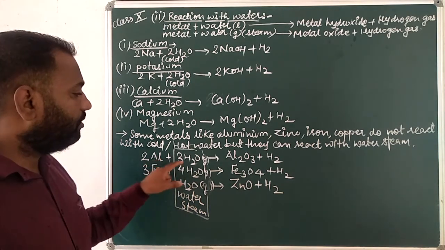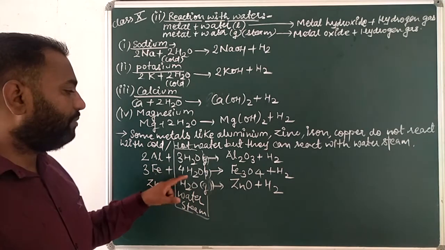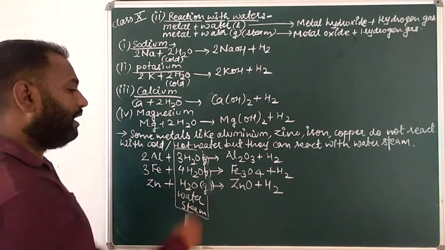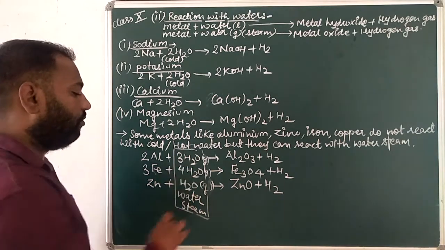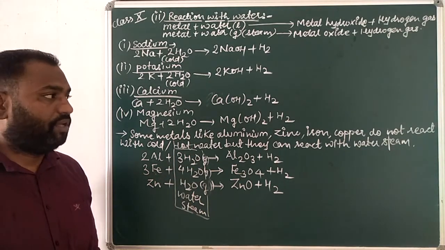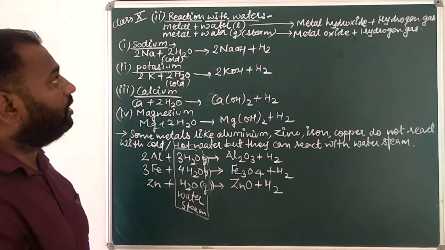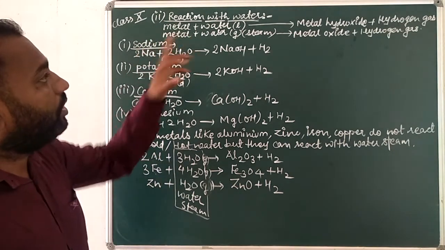So aluminum plus 3H2O gives Al2O3, and 3Fe plus 4H2O gives Fe3O4, and Zn plus H2O gives ZnO. So they all react only with the help of water steam.